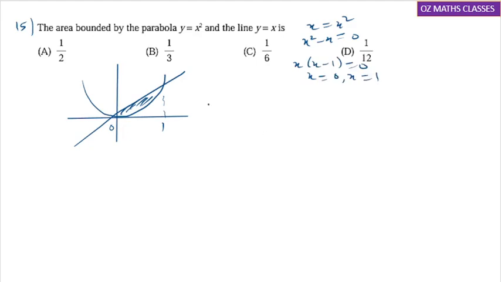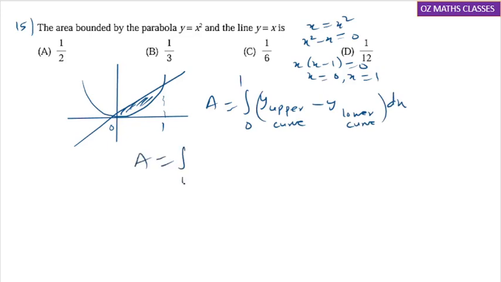Our required area will be integral from 0 to 1 of y upper curve minus y lower curve, dx. Now from 0 to 1, what is the upper curve? The upper curve is y equal to x, so x dx, and the lower curve is y equal to x square.